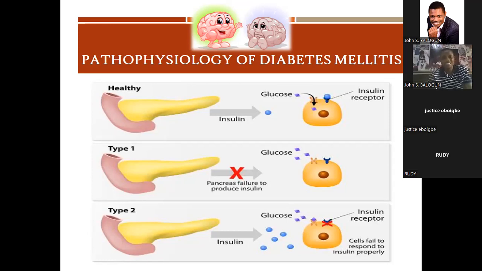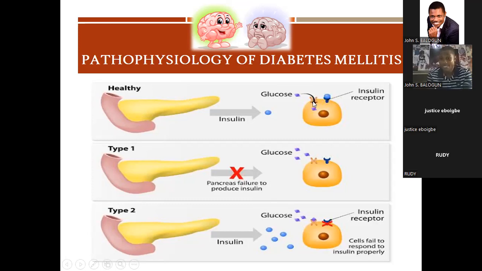Insulin serves as... look at this diagram here now. This blue is insulin. You can see this other one, this is glucose. What does insulin do? When insulin is produced, insulin comes to bind to the insulin receptor. Once insulin binds successfully to the insulin receptor, the door opens.